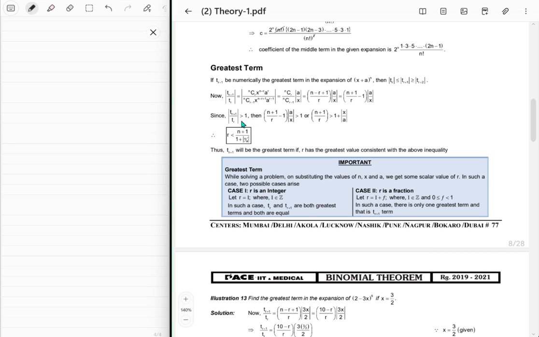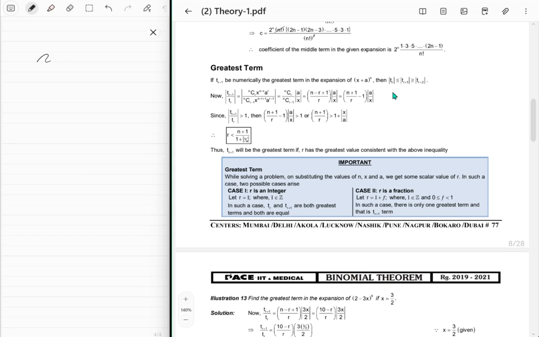Yeah, exactly the same thing as I said. The term before this term is smaller, but the term after is bigger, right? So it's the term right before the decrease starts happening, and that will be the greatest term. To make this happen, you need T(r+1) upon T(r) to be bigger than 1.